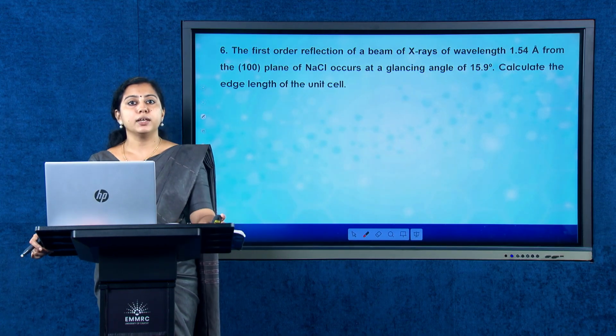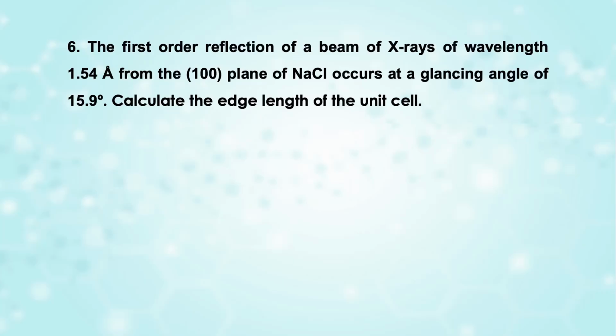Now, we will move on to the next question. The first order reflection of a beam of X-rays of wavelength 1.54 angstrom from the 100 plane of NaCl occurs at a glancing angle of 15.9 degrees.